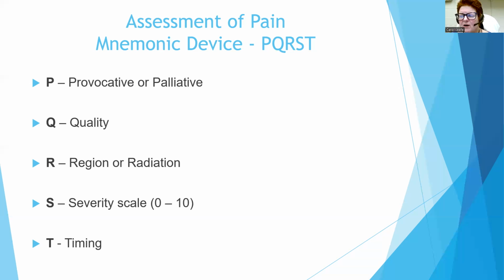S is the severity scale. Okay, so how does the pain rate on a severity scale of 0 being no pain and 10 being the worst pain they could ever experience? Okay, and then we also like to get a pain goal from them.